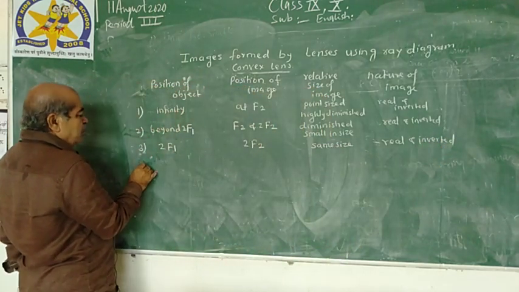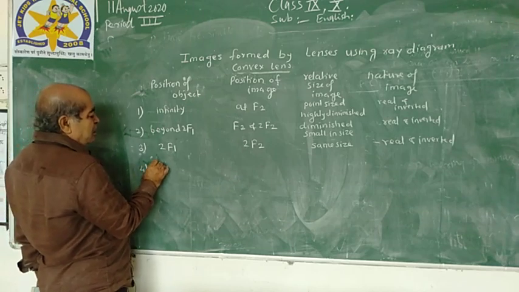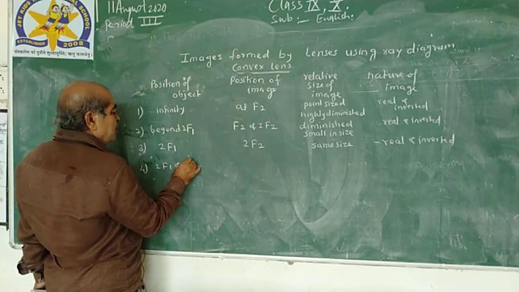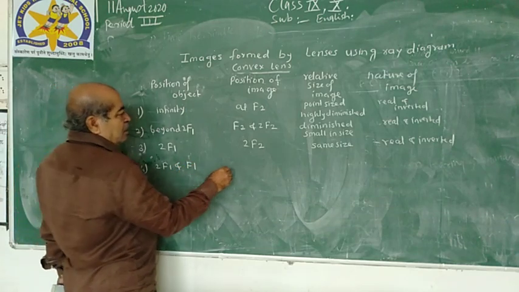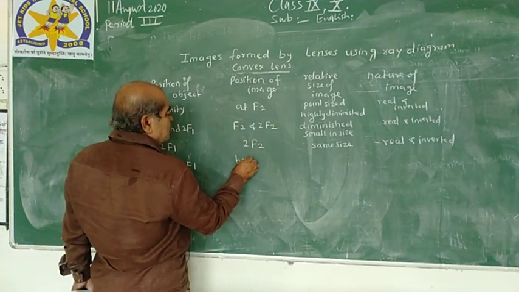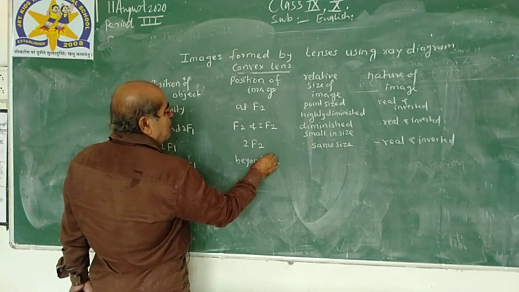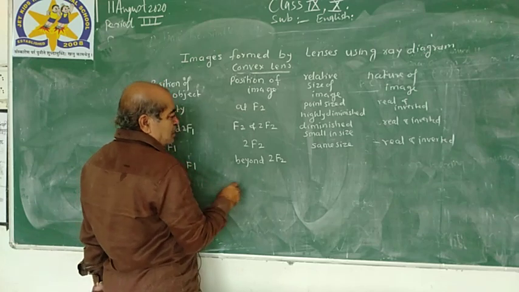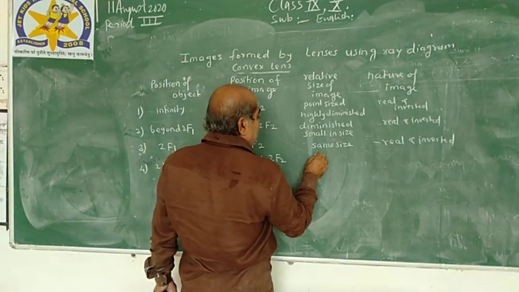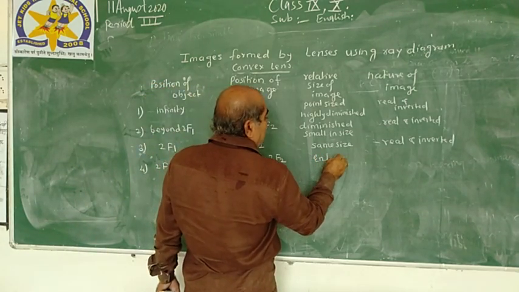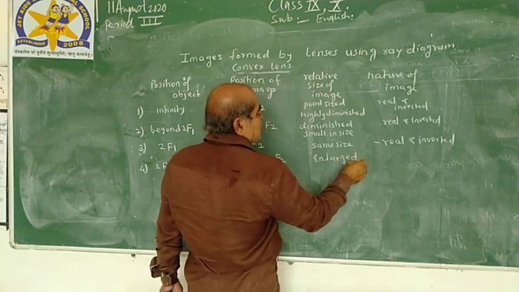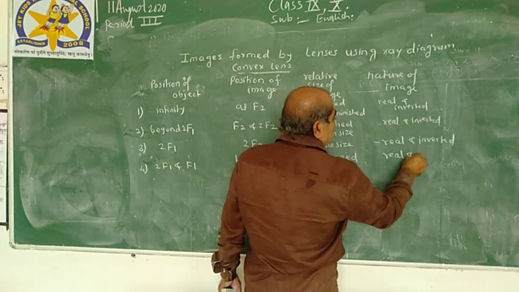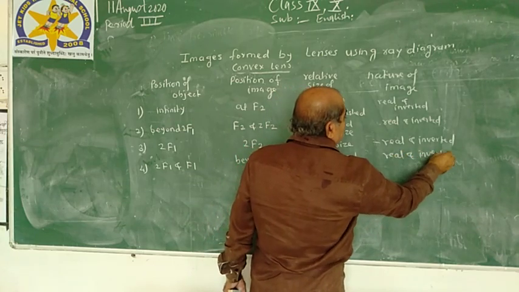Then the fourth point is when the object is in between twice f1 and f1, then the image is formed beyond twice f2, and the image is enlarged, and again the nature of the image is real and inverted.